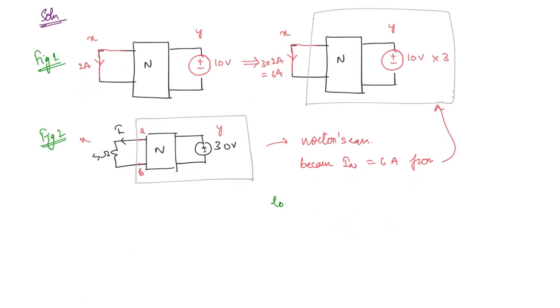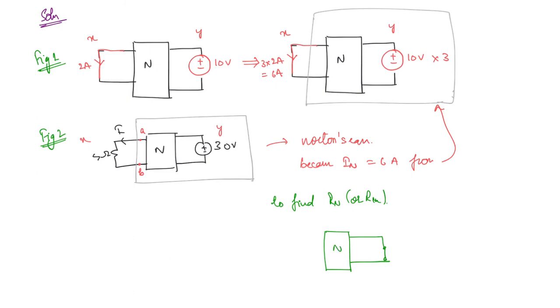So to find RN or RTH, for this network we have to find RTH. If you redraw this network, here you have N, you have to redraw with all the independent sources turned off. So that means the 30 volt source you are turning off. Is there any independent source in this network?